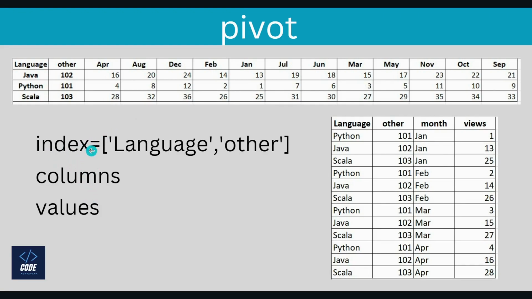The first parameter is index, where we need to mention the columns which you don't want to change, for example language and other. Then columns, like for the month column we want to create a separate column for each different value, so that we can pass here. And for values, the views column will be passed, so its value will be populated over there. Now let's see the example.